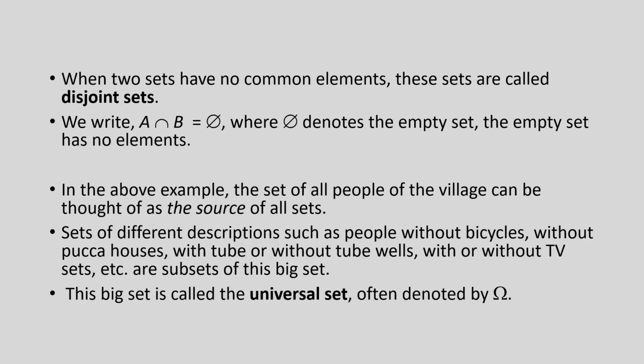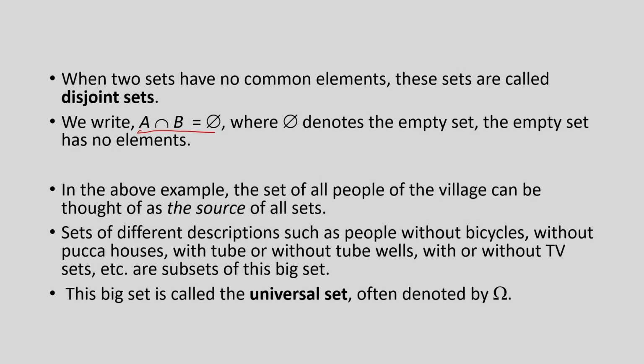Then we come to another concept related to sets, which is called disjoint sets. When two sets have no common elements, these sets are called disjoint sets, and we write it like this: A intersection B is the empty set, or phi. This denotes the empty set, which has no element. So, this is a trivial set in the sense that it does not have an element.